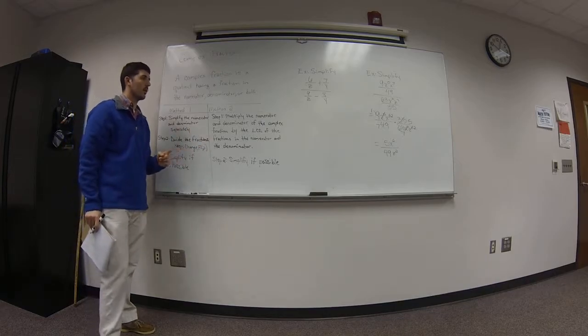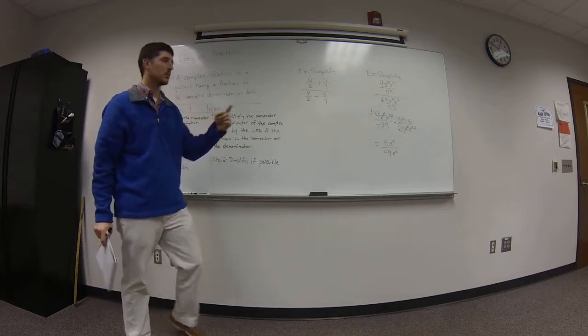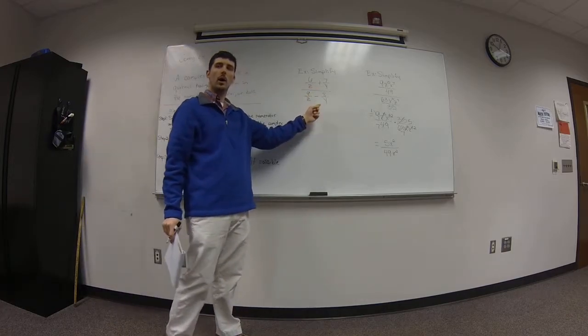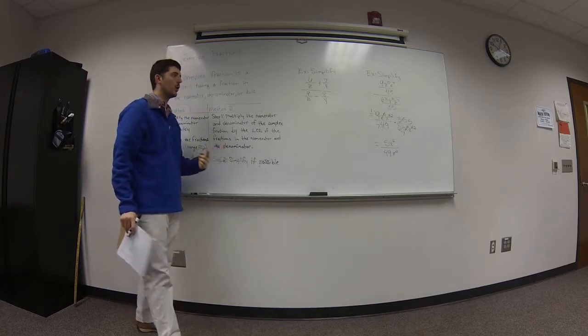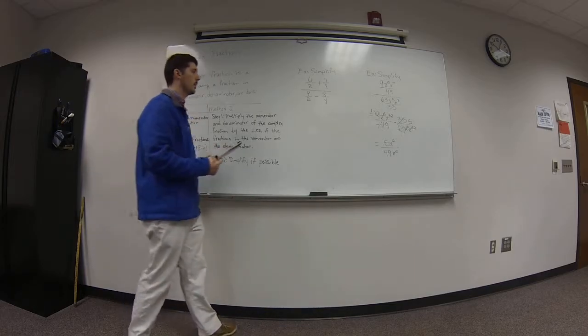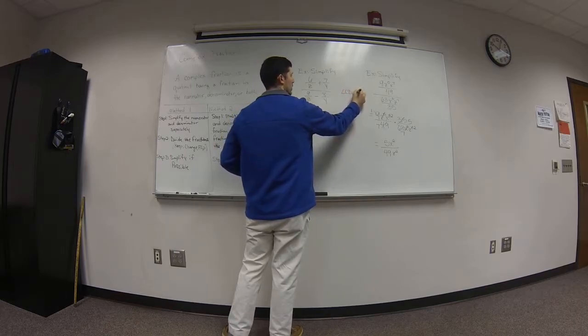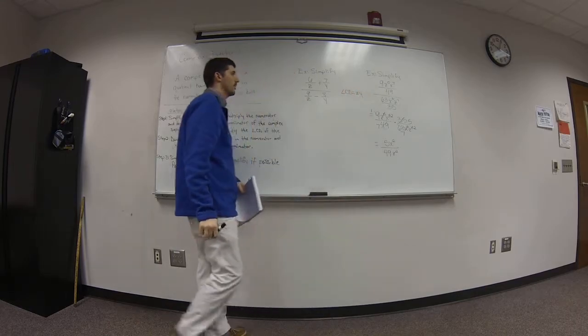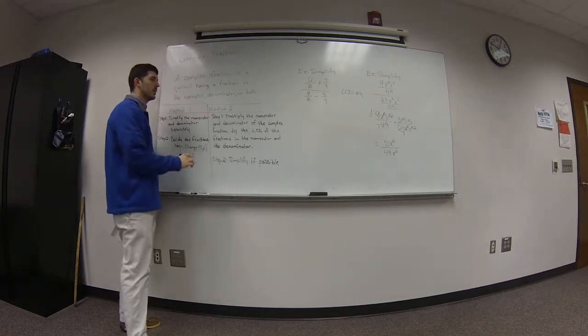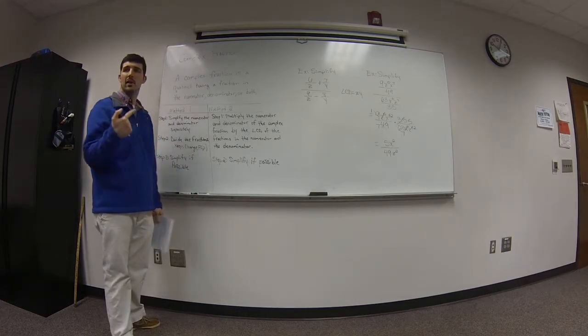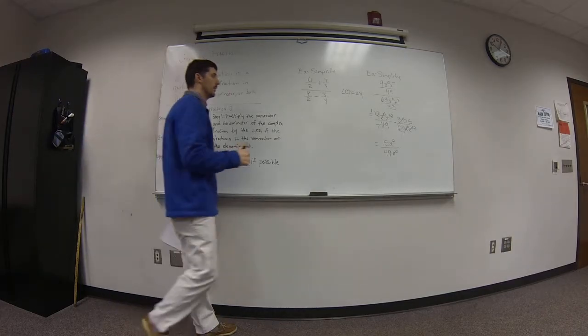So method 2 says first, I need to take all my denominators. So I have 1, 2, 3, 4 denominators total. I need to take all of those and find my LCD. Well, my LCD would just be z times y. So now what step 2 tells me is I'm multiplying everything by that z times y.